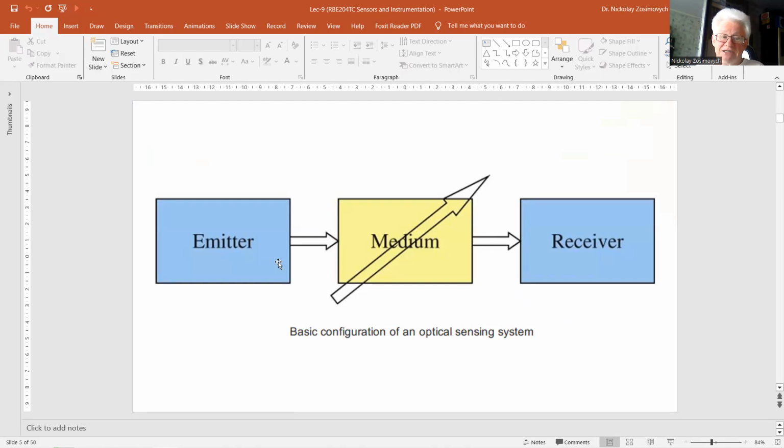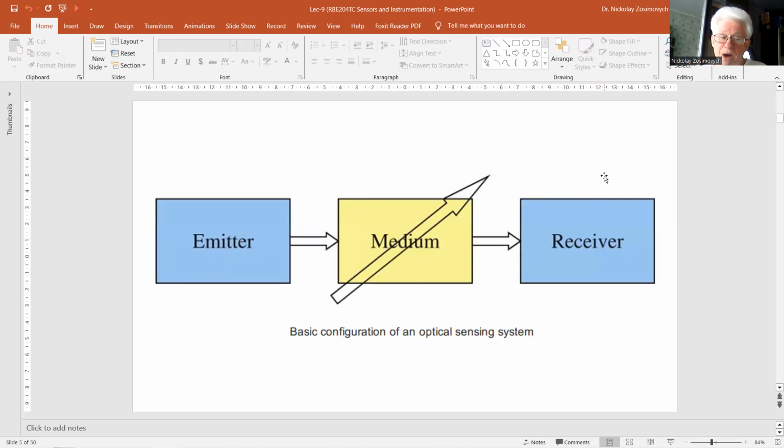It consists of a light emitter on the left side of this slide, the light source, and a light receiver on the opposite, right side, the light detector. The light travels through a medium, usually air, but it may include parts of the construction, from transmitter to receiver.